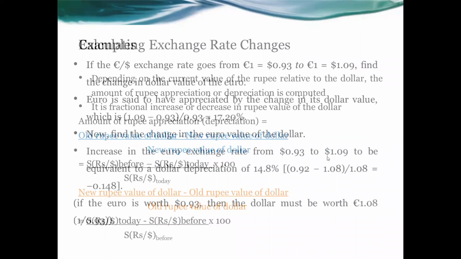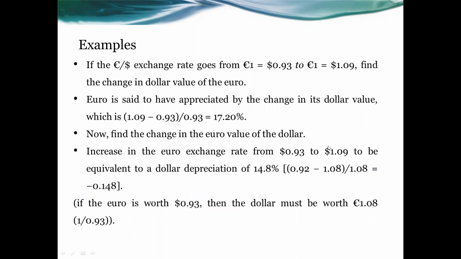Now look at this example. We are taking some dollar and euro values in the exchange rate. I think this example is in your recommended textbook. If the dollar price of the euro exchange rate goes from 1 euro equals 0.93 dollars to 1 euro equals 1.09 dollars, find the change in the dollar value.